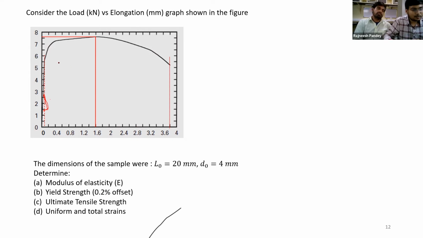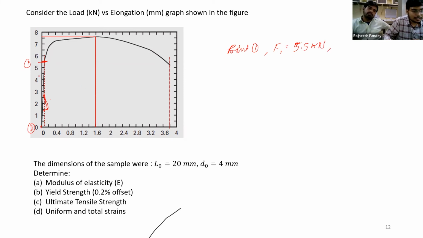So let me take 2 points. Here we can see that the elastic behavior changes to plastic. So let me take this point, and the other will be this point. Let me call this point 1, and this point 2. For point 1, we have the value of force F1 as 5.5 kilonewton, as you can see from the graph.